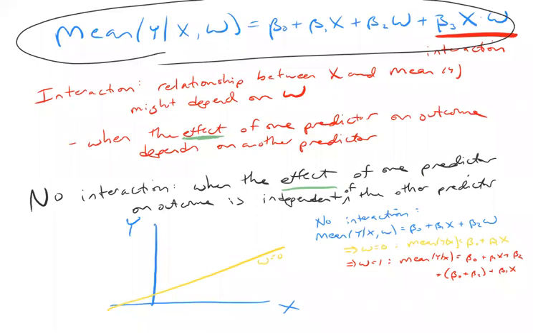What is allowed to be different is the intercept. So this is when w is equal to 0. If this is 0, then this amount here is beta 0, and this amount here is beta 2. It's the amount by which the intercepts differ from each other, but the slope of both of these lines is beta 1. If there's no interaction, that's what's going on.